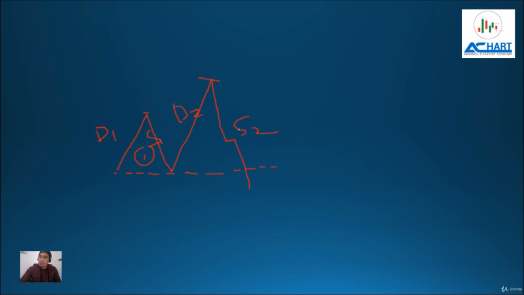We can see that seller line number 2 retraces beyond the support level of this line, so the seller becomes more aggressive compared to the seller from the first loop.